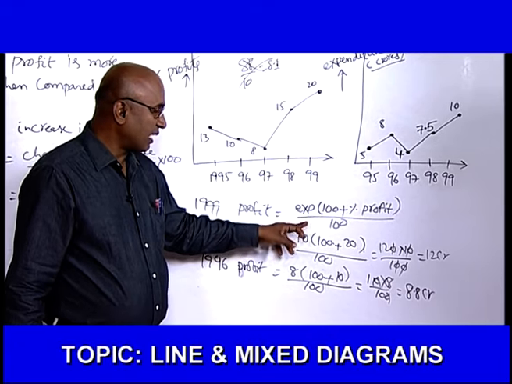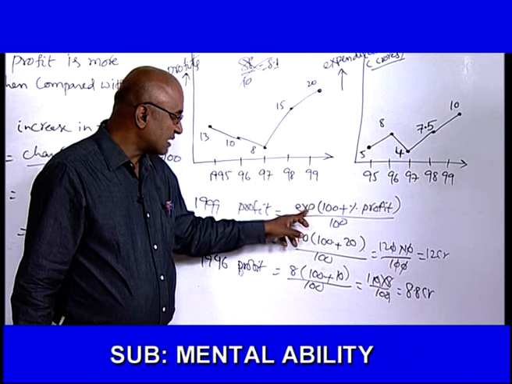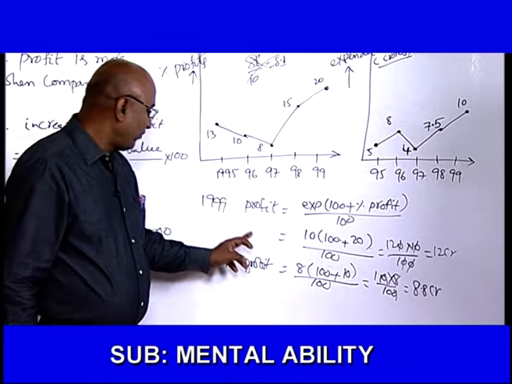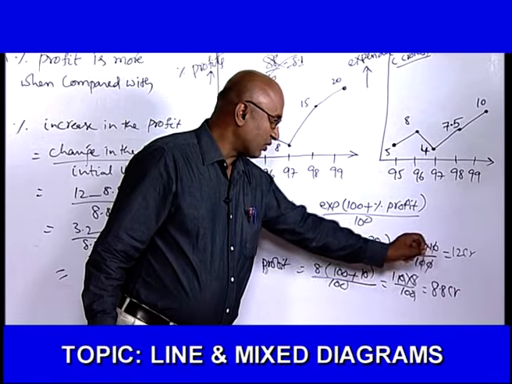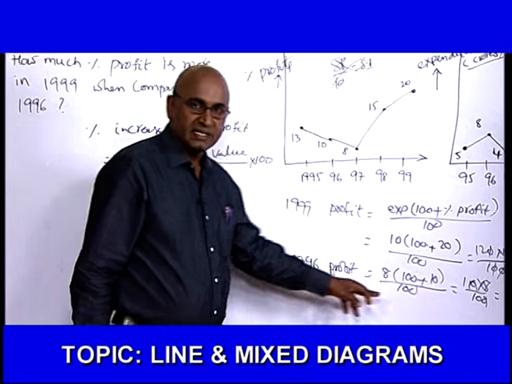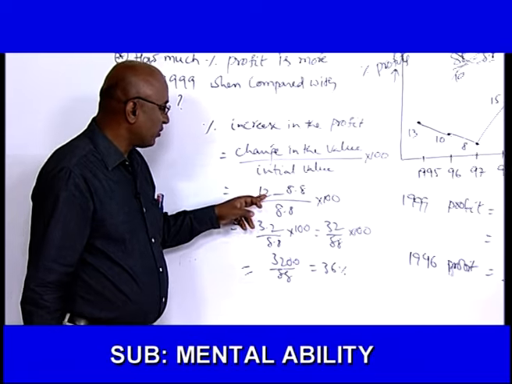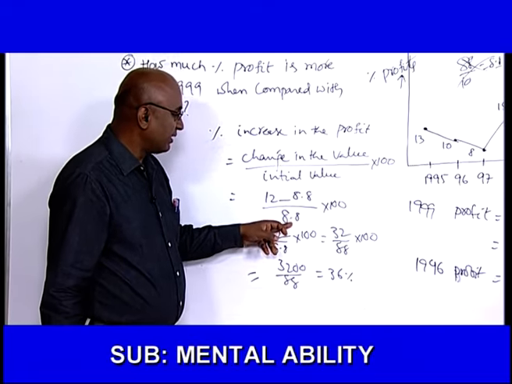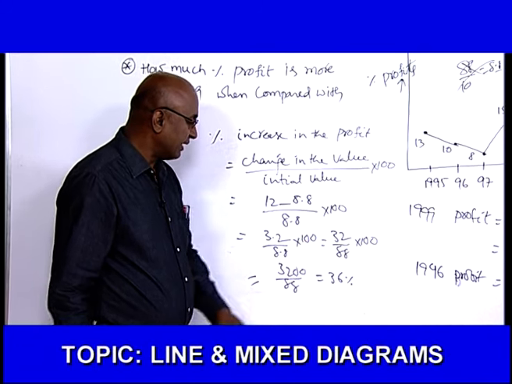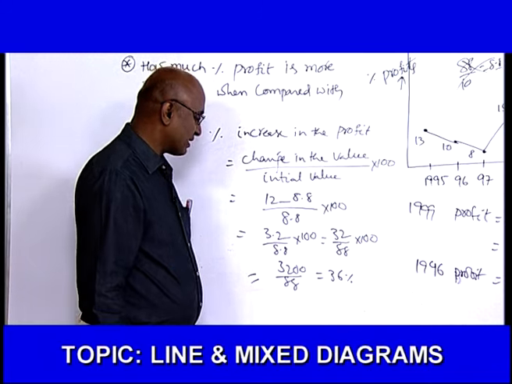Substituting, we get the profit in the year 1999 as 12 crores. Similarly, in the year 1996, profit is 8.8 crores. So change in the value means 12 minus 8.8 by 8.8, the initial value, into 100, that is 32 by 88 into 100, equal to 36%.